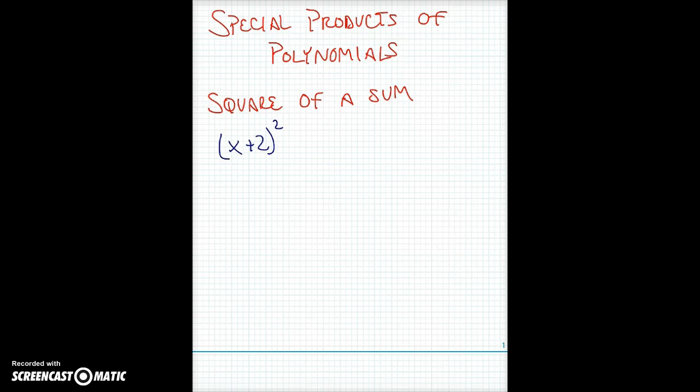Now remember, our rules of exponents tell us that this number here, the exponent, tells us that we're using x plus 2 as a factor 2 times. So this is equivalent to x plus 2 times x plus 2.